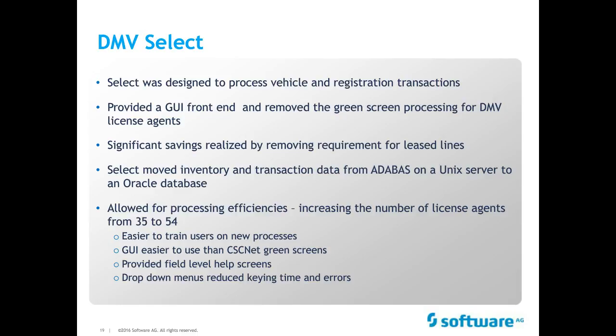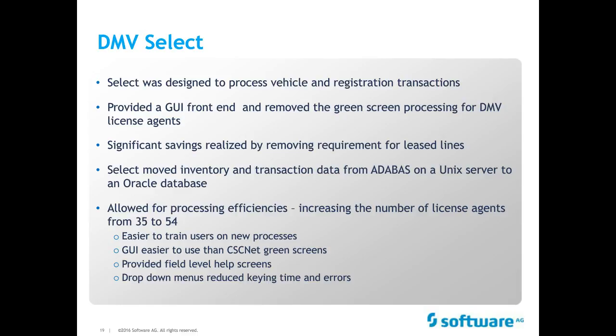Again, the Selects are our contract people who handle transactions for us. What this web-based application did is it provided a GUI front end, and it removed the green screen processing for the license agents. We realized significant savings because the original green screens worked off of lease lines, and we were able to eliminate all of those lease lines because everything was now a web-based application.